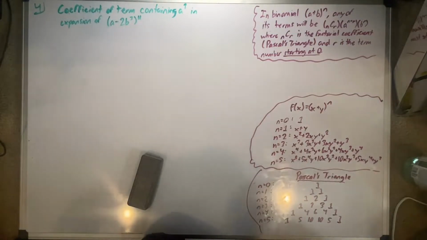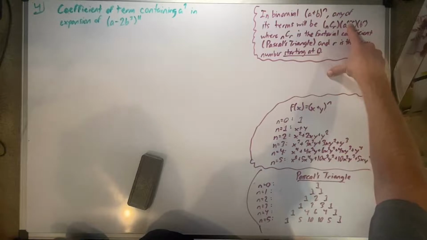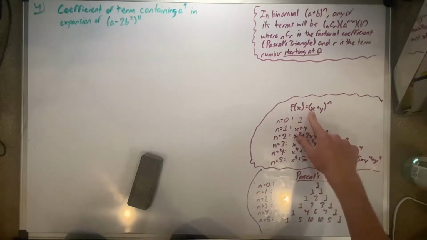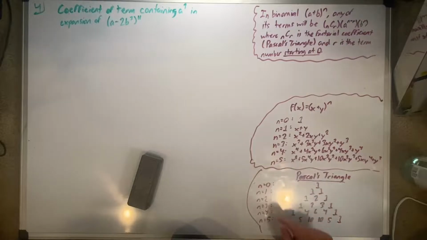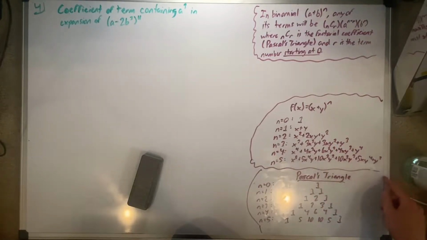So each time we advance a term, we decrease by 1 for the first a value. Hence why the x started at the maximum n value, where n equals 5. And then each time we went a term number further, it decreased.